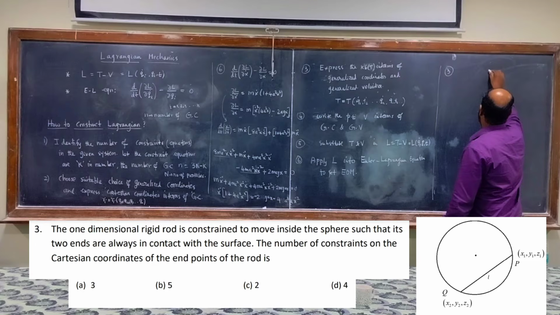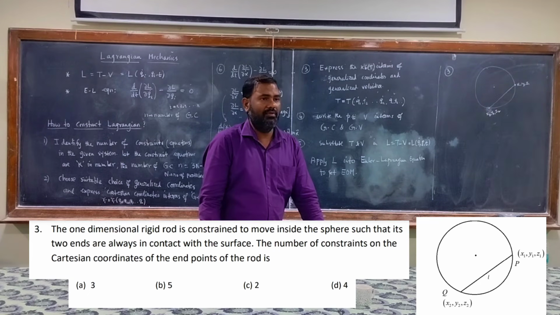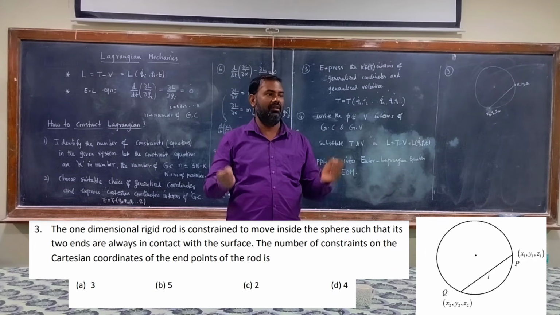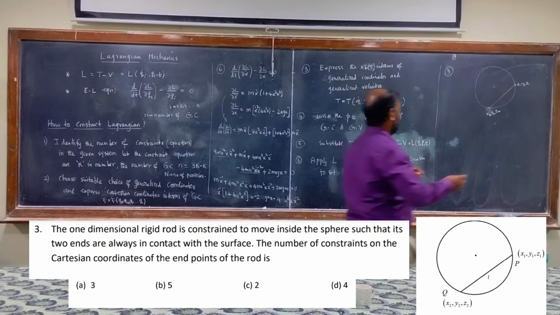So okay, what are the constraints? First constraint என்னது? It has to move inside the surface. இப்போ அந்த ராட் வந்து இப்படி மூவ் ஆகுது.